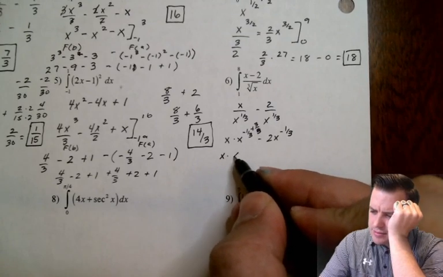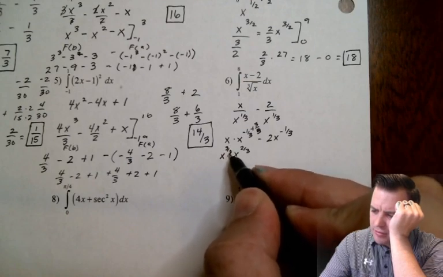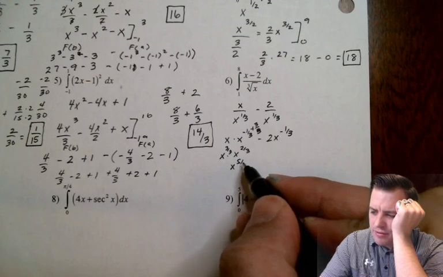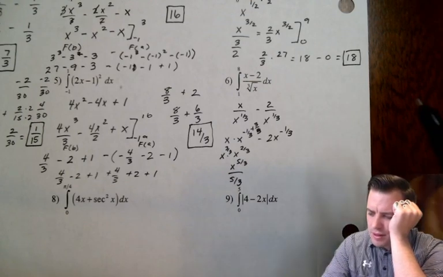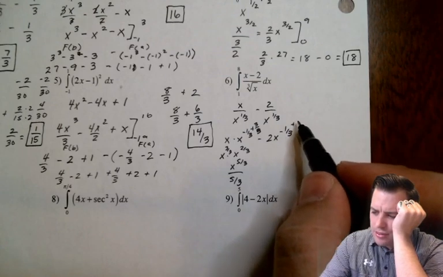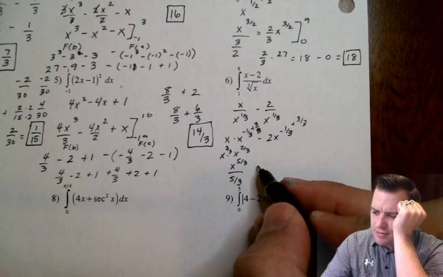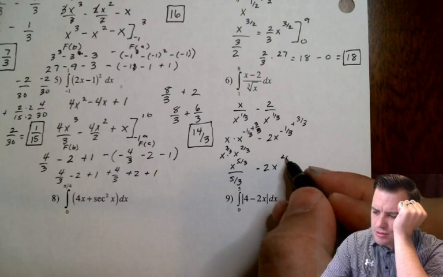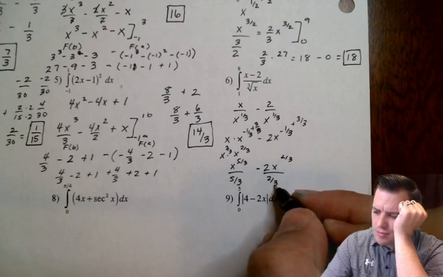x times x to the 2/3, which, think about that being 3 over 3, would be x to the 5/3 over 5/3. Over here, add 1 to that, which is 3 over 3, and that's going to be negative 2x to the 2/3 over 2/3.